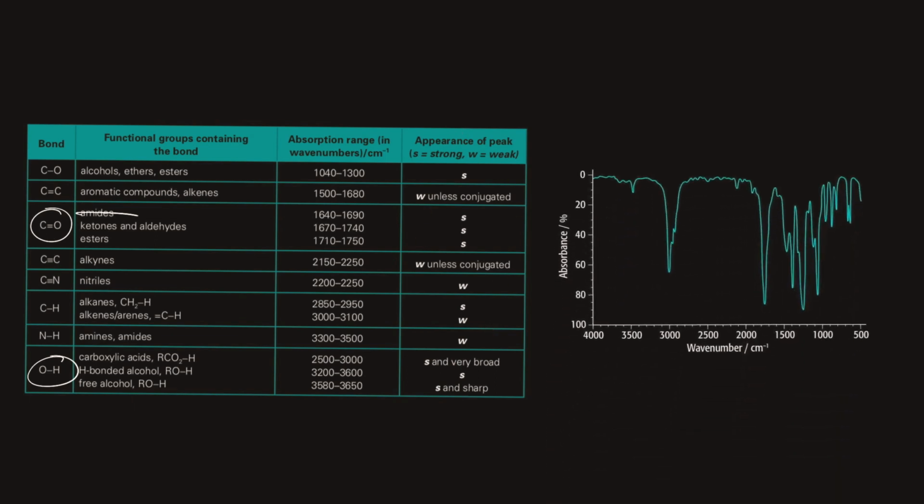S means a strong peak and W means a weak peak. This peak, very obvious, and these peaks are considered strong peaks. And a weak peak would be this little peak over here.